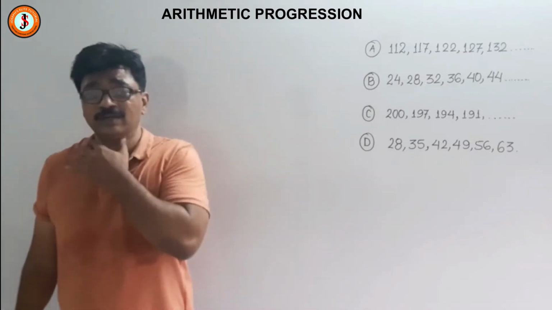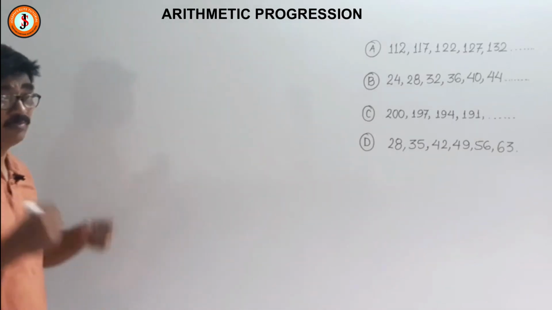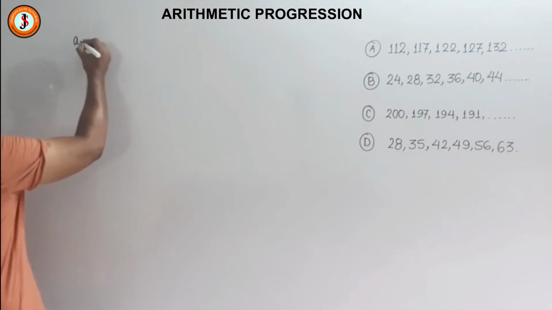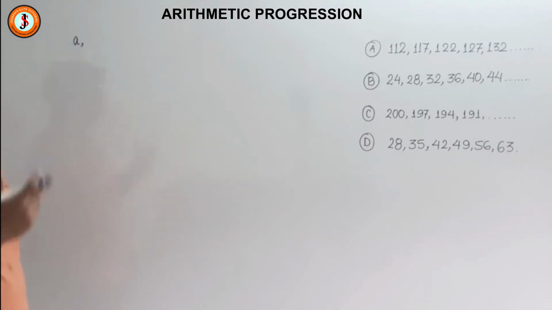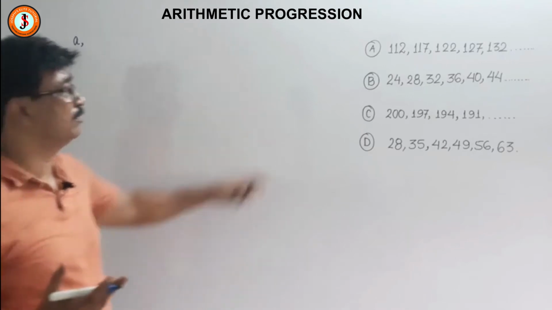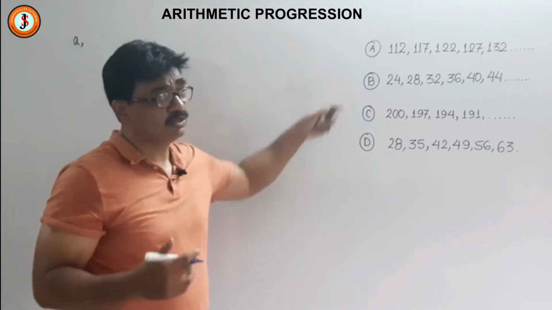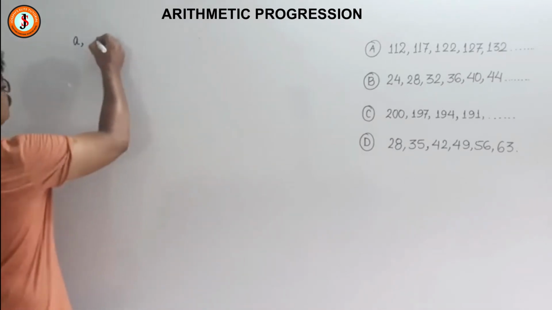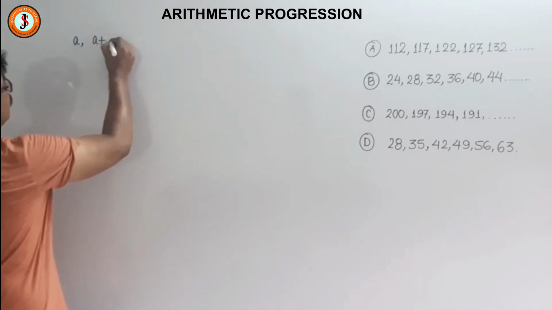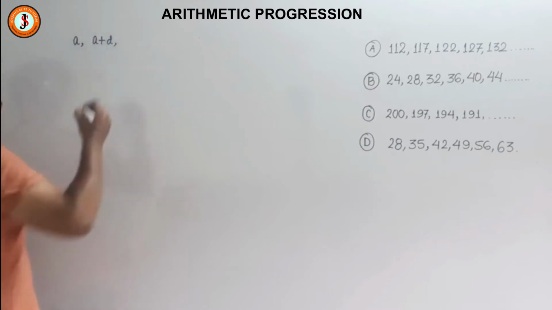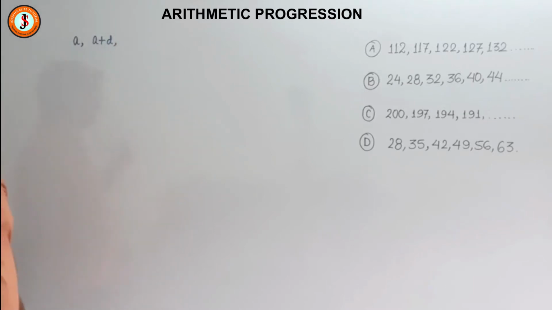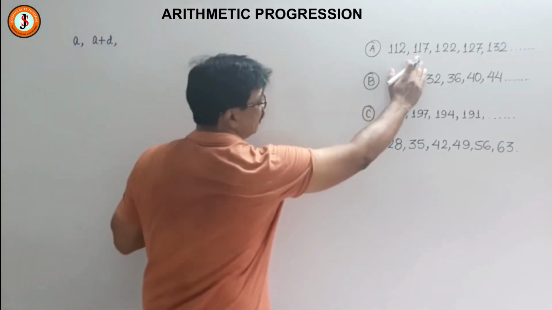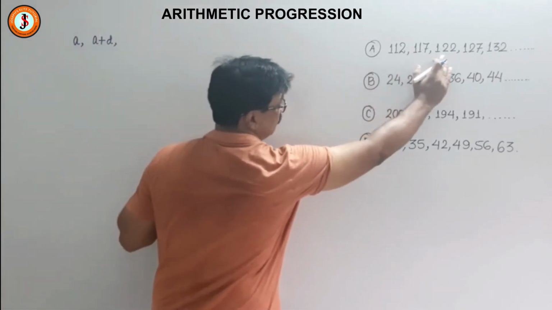So to generate an arithmetic progression, I take any number, suppose A, and a common difference D. Here D is 5, there D is 4, so I take a general D. For the second term, I add D one time. For the third term, I add D two times. See, 112, then one time 5; 112, then two times 5.